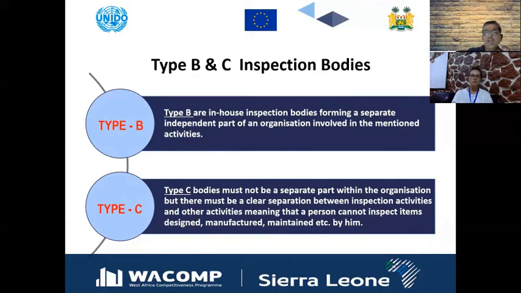That is why they want to do continuous inspection of the farmers' produce. They can develop the inspection body either as type B or type C, because they want it for the purpose of improvement of their own system. In that case, type B is always the in-house inspection body that will be separate.